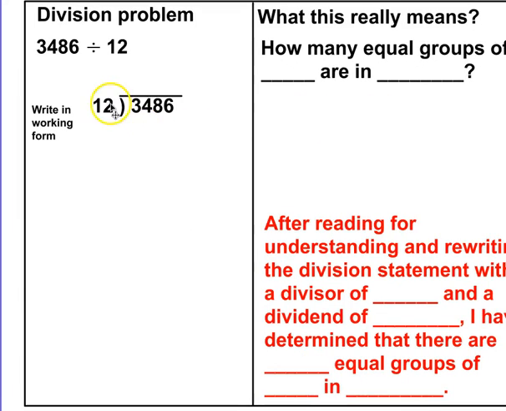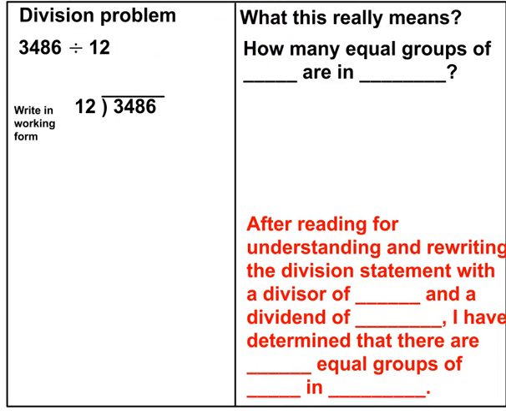Okay, so now let's try one more together. And there is a division problem of 3,486 divided by 12. So that's the problem that we're given. We're going to restate that problem.